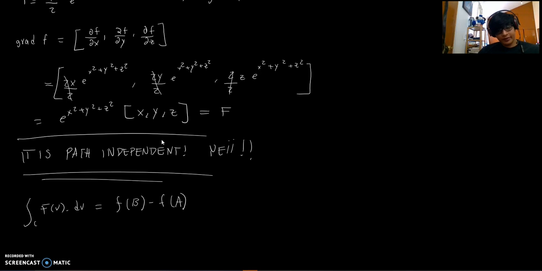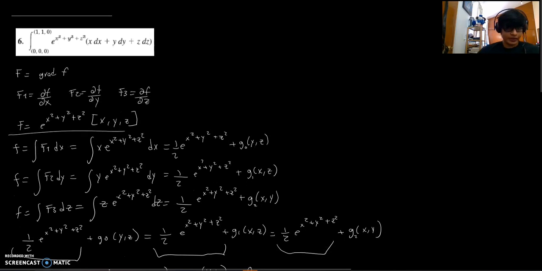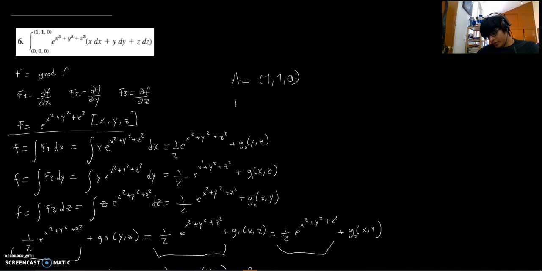And from the original integral we see that b is equal to (1, 1, 0), oh no, sorry, I was wrong, this will not be a, this will be b, and a will be equal to (0, 0, 0) exactly.